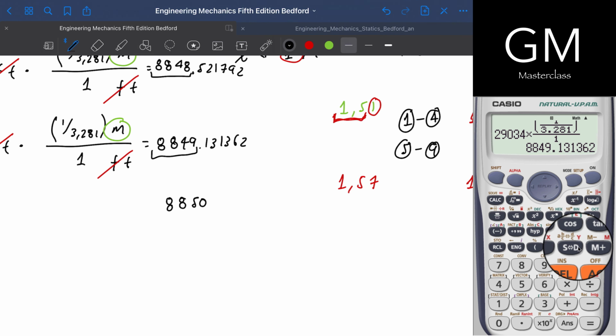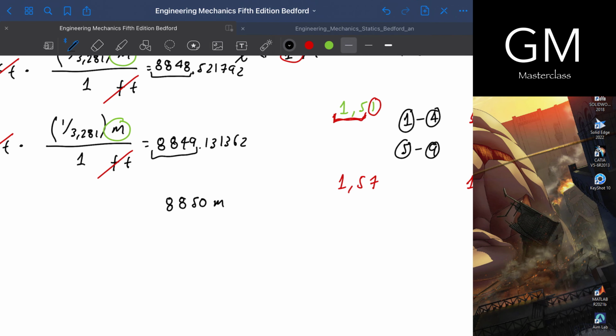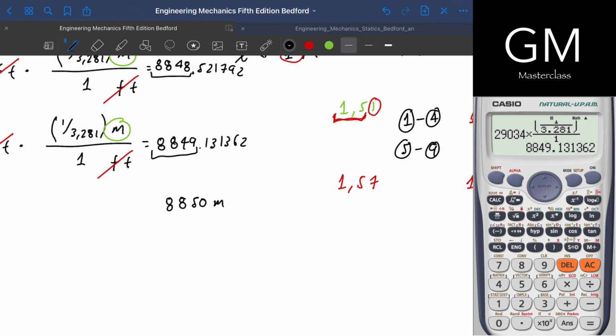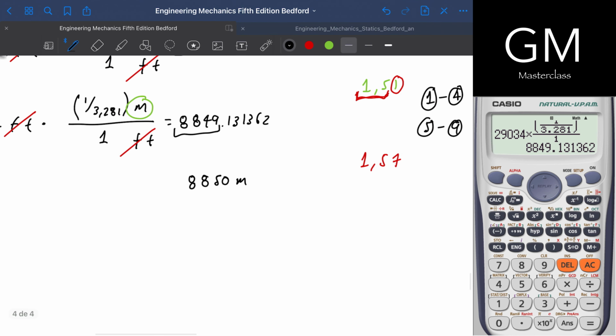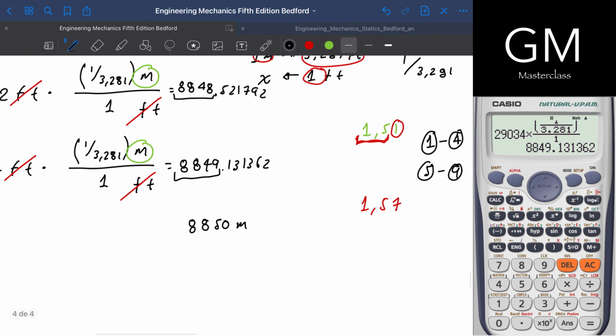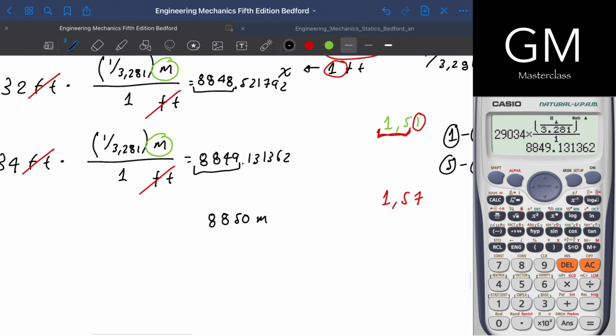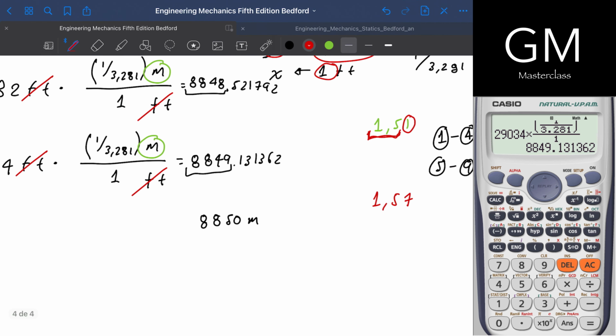And these two numbers could be approximated, the two of them, to 8,850 meters. So that would be the result. I just have to use the first three significant digits. Why is that?